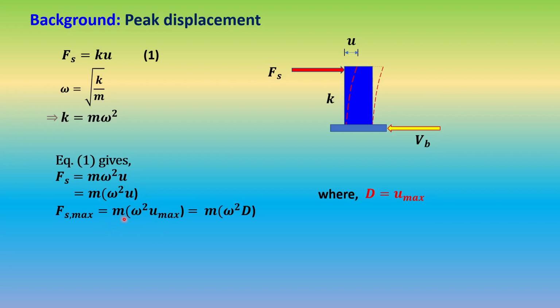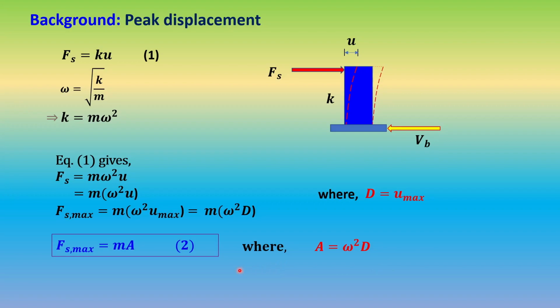So Fs max equal to M omega square U max, and this U max let us denote by a symbol capital D. Then Fs max equal to M omega square D. This omega square D let us define by another parameter capital A. So Fs max equal to M into A, where A equal to omega square D.